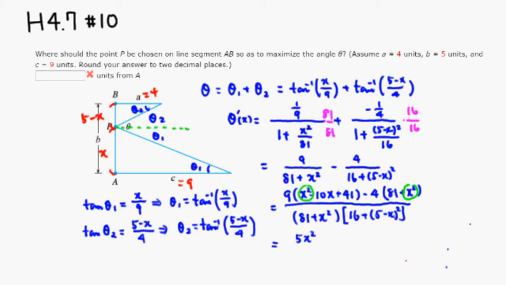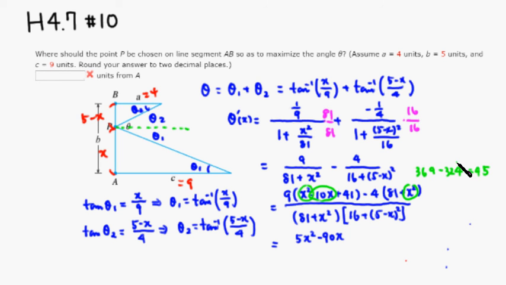That takes care of this term and that term. Then you have minus 90x, minus 90x, and that takes care of this one. Then we have a big number: 41 times 9 is 369, minus 4 times 81, which is 324. So 369 minus 324 is 45.